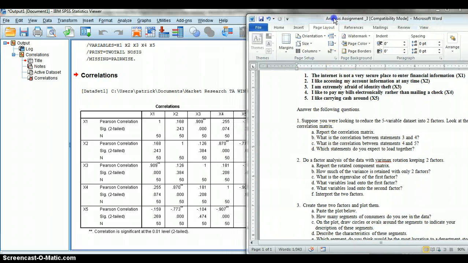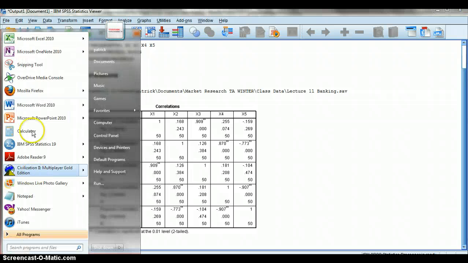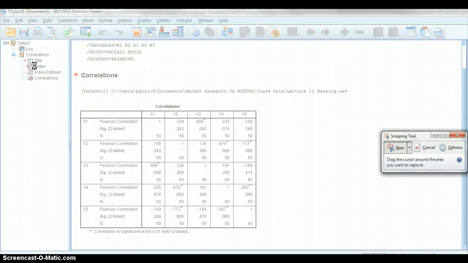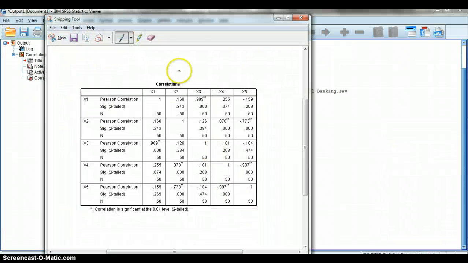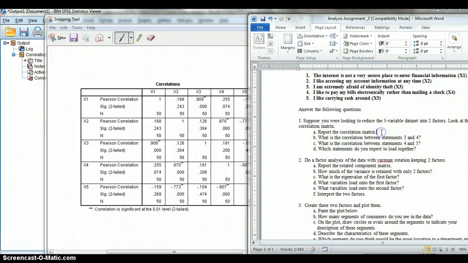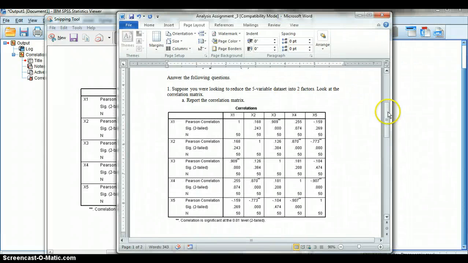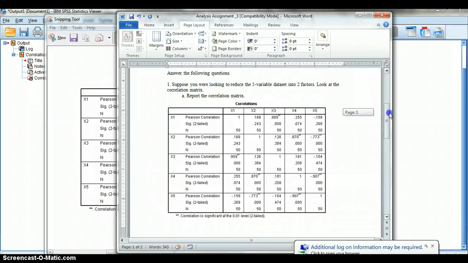Questions. So the first thing I'm going to do is use my snipping tool to copy this in. So 1A is done. Okay, B, what is the correlation between 3 and 4?